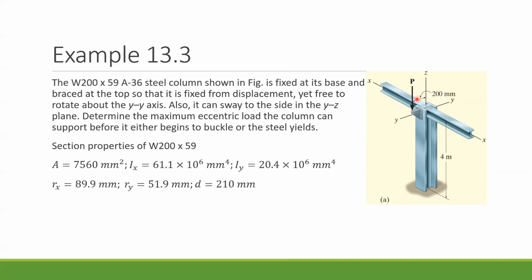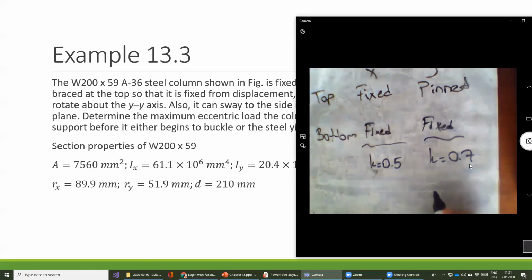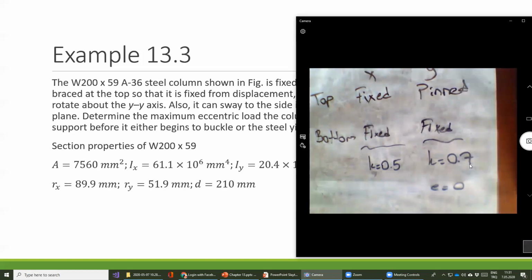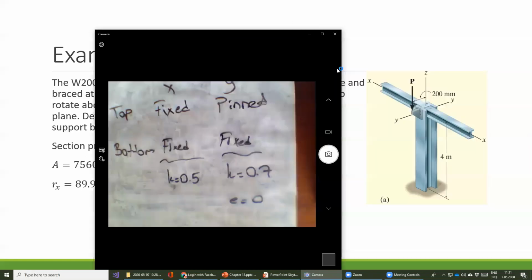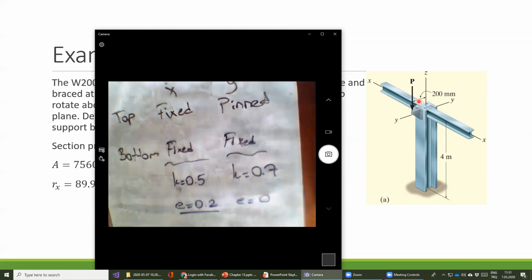Using the right-hand rule, for the y-axis there is no eccentricity because no moment occurs about the y-axis. But for the x-axis, we have an eccentricity. What is the eccentricity? 0.2. Maybe you can see that.